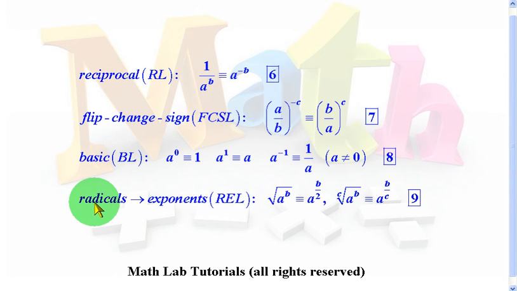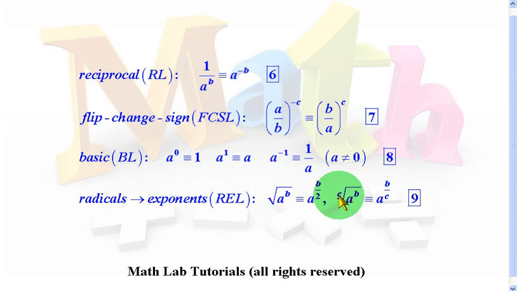This is the way we convert radicals to equivalent expressions with rational exponents. Okay, so the square root of a to the power b is identically equal to a to the power b over 2. And the cth root of a to the power b likewise is equal to a to the power b over c.